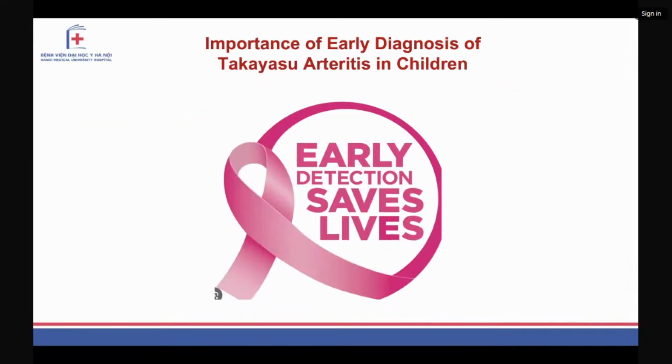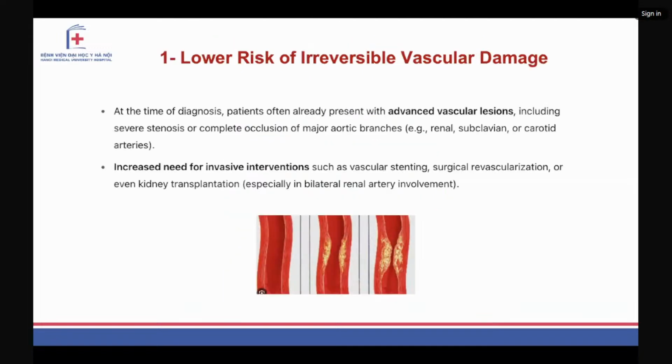So let me talk about the importance of early diagnosis of Takayasu arteritis in children. The first major reason why early diagnosis is so important is to lower the risk of irreversible vascular damage.